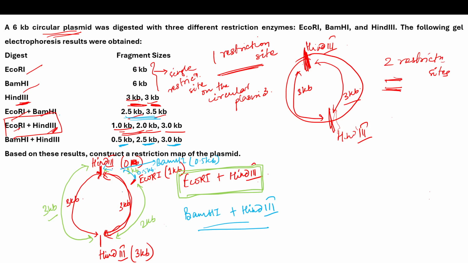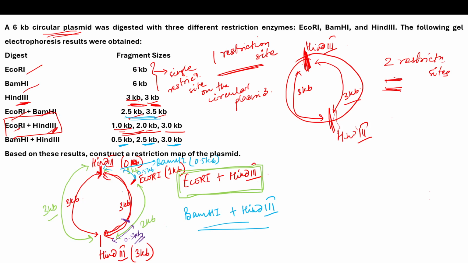So this complete thing was 1 kb and 2 kb, right? Now if there's a 3.5 kb fragment here, and we place the BamH1 site at this position, there's a 3 kb fragment here and this is 0.5 kb. So this is also not really possible.